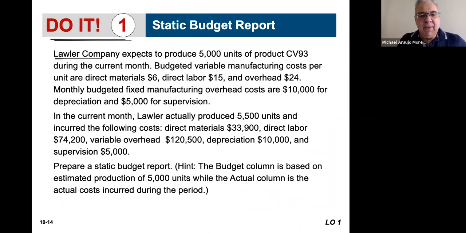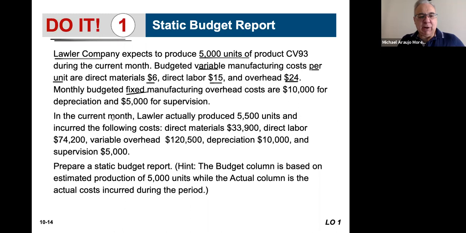Lawler Company expects to produce 5,000 units of our product CV93 during the current month. Budgeted variable manufacturing costs per unit are $6 in direct materials, $15 in direct labor, $24 in overhead. The monthly budgeted fixed overhead is $10,000 for depreciation, $5,000 for supervision.